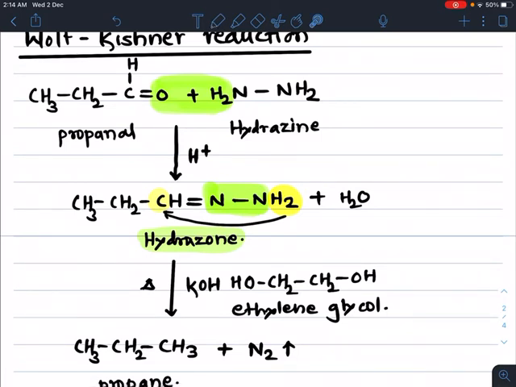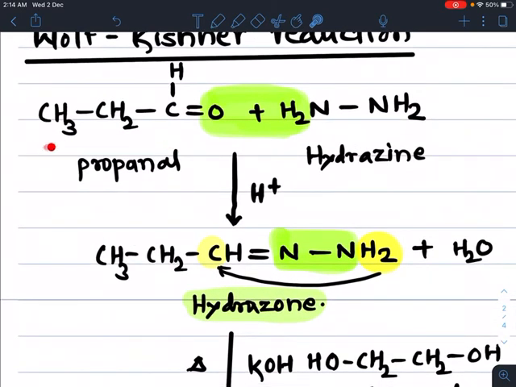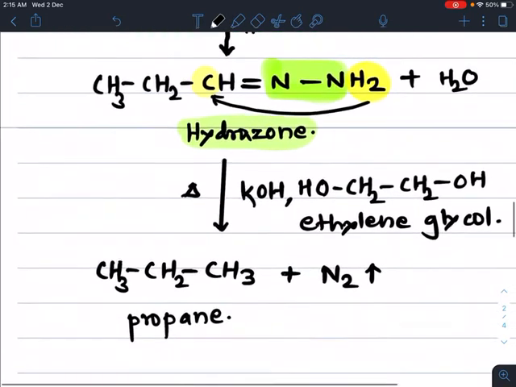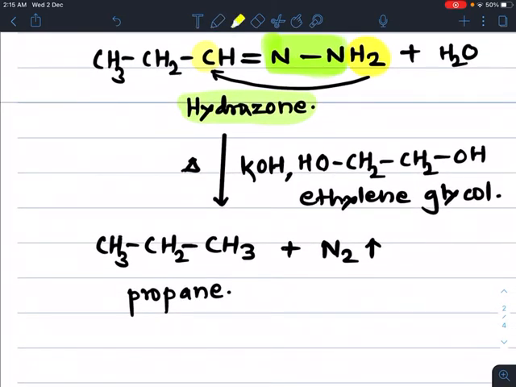In the first step, any aldehyde is treated with hydrazine, then by the removal of water molecule we get its corresponding hydrazone, and this hydrazone further undergoes reaction with KOH and ethylene glycol, and the mixture is heated, we get its corresponding final product, that is the alkane propane with the removal of nitrogen. If we take other example of aromatic ketone, so ethyl phenyl ketone.